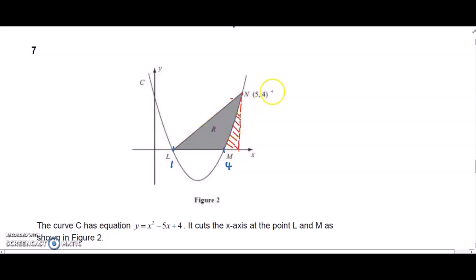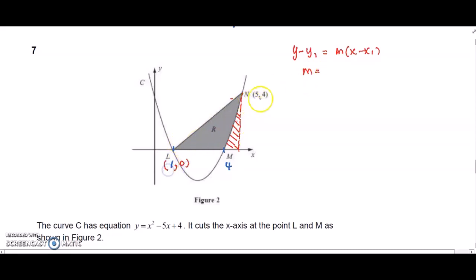So firstly, get the area of the triangle. To get the area of the triangle, I need to form the equation. The equation for the straight line is y minus y1 equals m times (x minus x1). Here my m, I can take y2 minus y1 over x2 minus x1, using this point 1, 0.